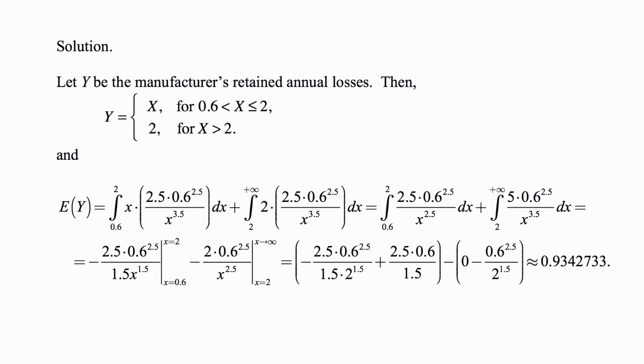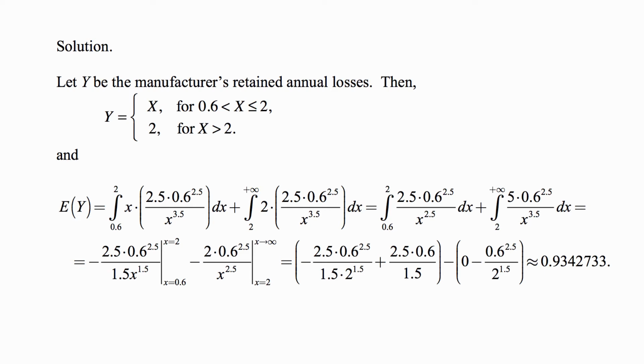That's actually a derivative of minus 1 over 1.5 times x to the power negative 1.5. If you take the derivative of x to the negative 1.5, you'll get negative 1.5, which will cancel with this negative 1 over 1.5, times x to the power negative 1.5 minus 1, which is x to the negative 2.5.